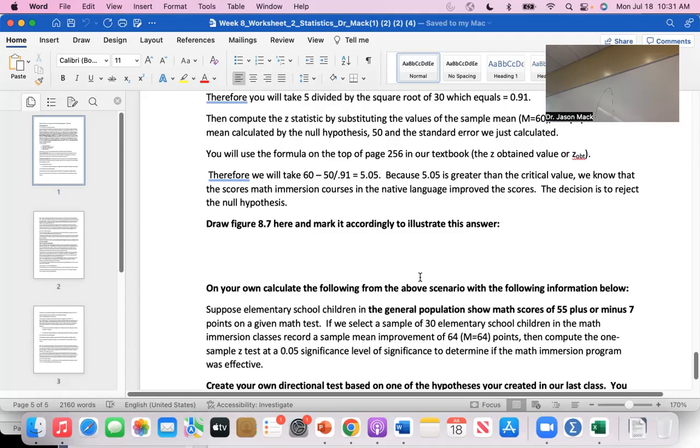Part 2. In your own groups, you come up with your own hypotheses, and then you walk through the steps. Is that the one where we had difficulties, when we had the problem with the SPSS at the end?